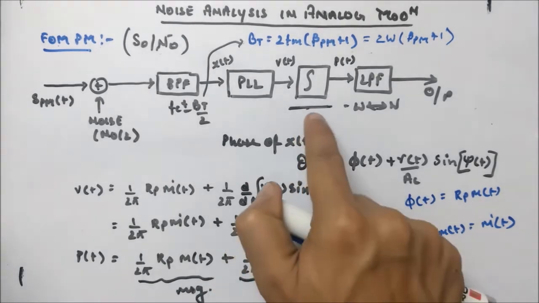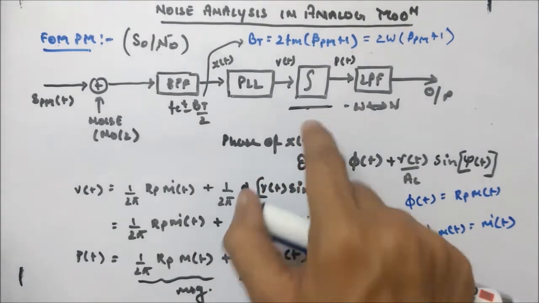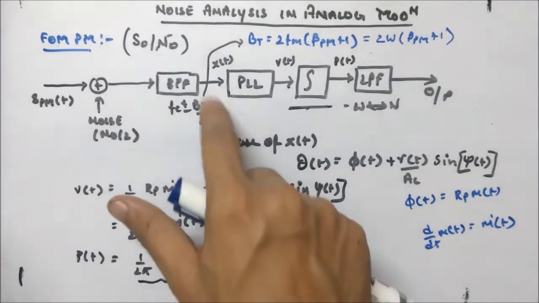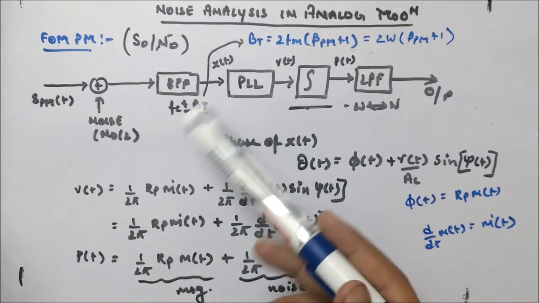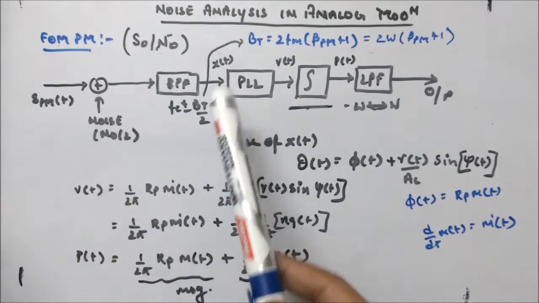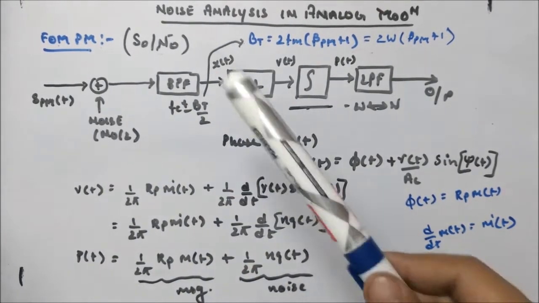There will be an integrator, which is the important part, between the PLL and LPF. There can be a limiter also, but I have omitted the limiter. That will not affect much.